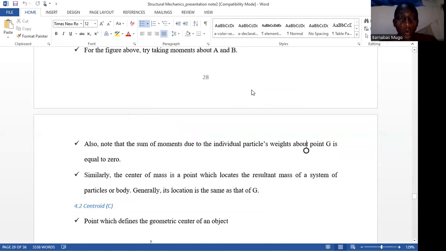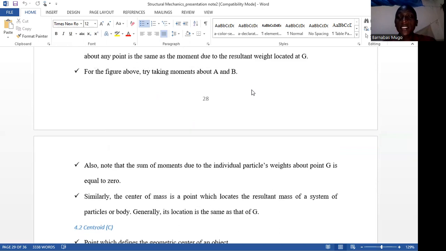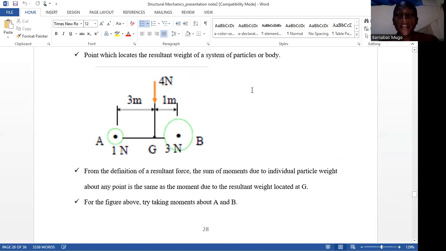Also note that the sum of the moment due to the individual particle weights about point G is equal to 0, meaning that the clockwise moment about G is equal to the anti-clockwise moment about the same G. If you take G to be the center of gravity, the point about which you are taking the moment, then because of A, which is 1 Newton, times 3 meters, that is 3 Newton meter.